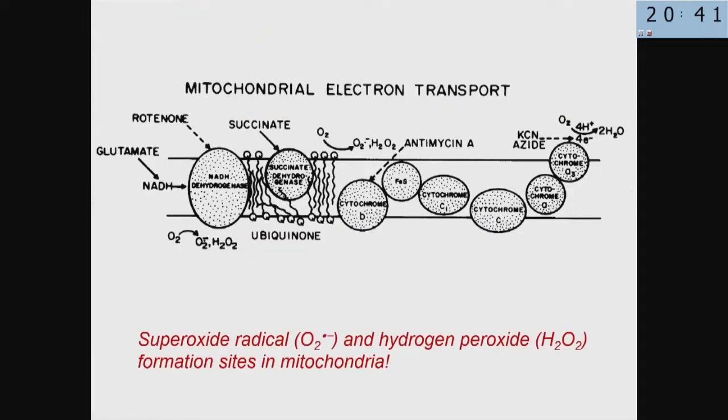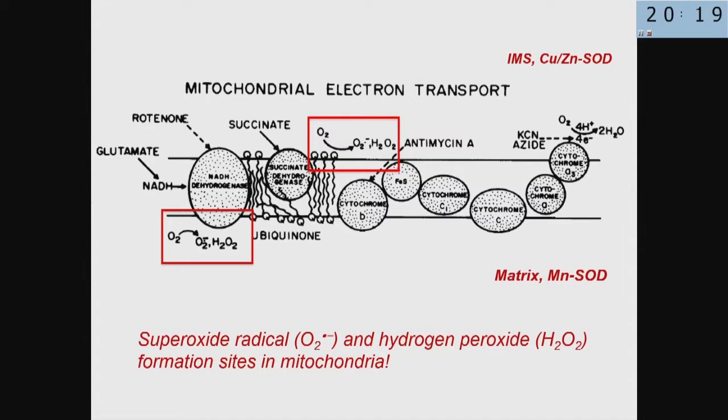So, different sites of mitochondrial superoxide radical and hydrogen peroxide formation, including complex 1 and complex 3 of the mitochondrial electron transport chain. This is a continuous process throughout the life that can be enhanced several-fold under many pathophysiologically relevant conditions.